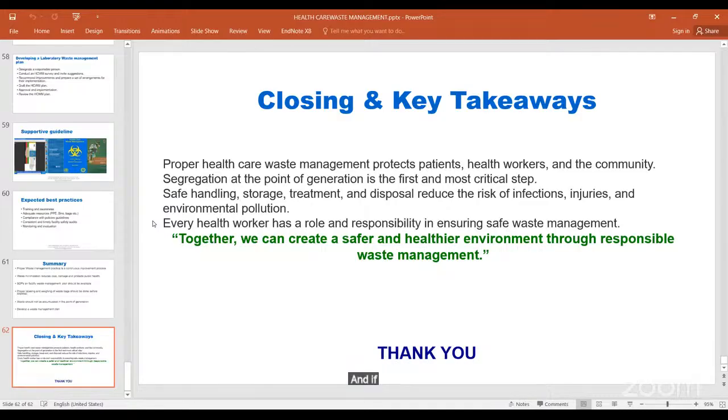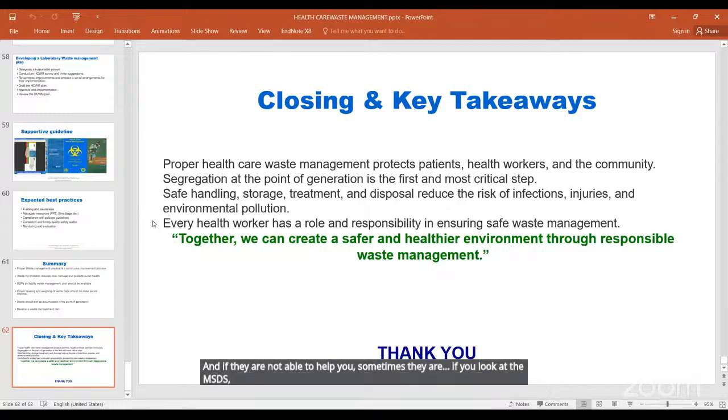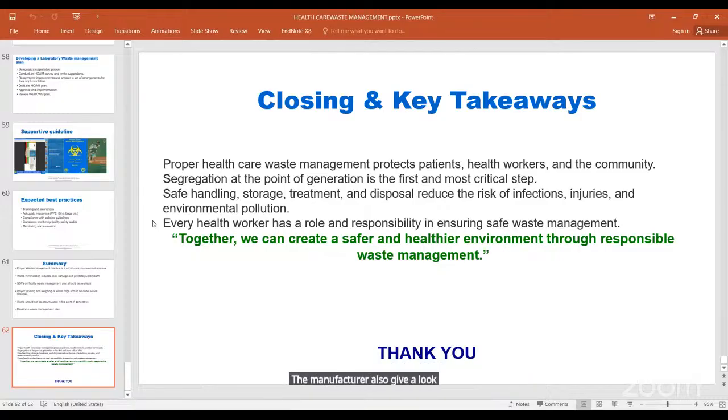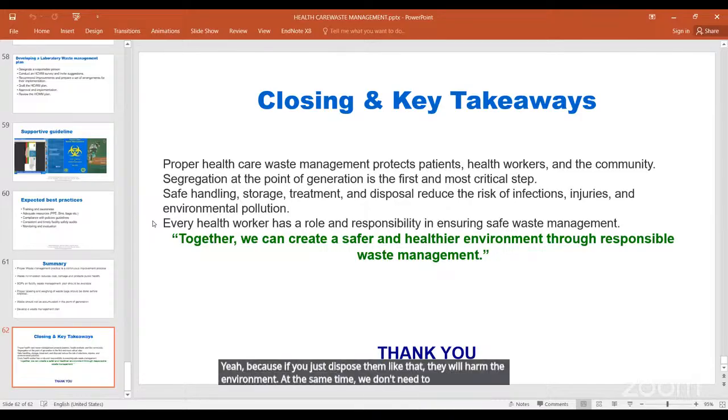And if they are not able to help you, sometimes if you look at the MSDS, Material Safety Data Sheet, the manufacturer also gives a loophole of returning the same bottles to the factory for reuse. Because if you just dispose of them like that, they will harm the environment. At the same time, we don't need to take them to the incinerators. Thank you.